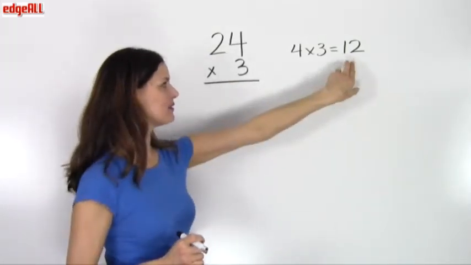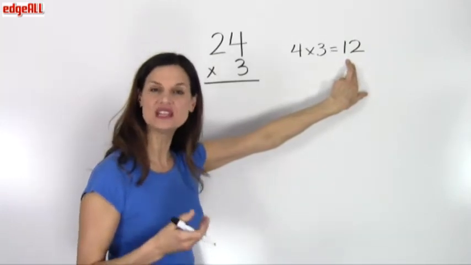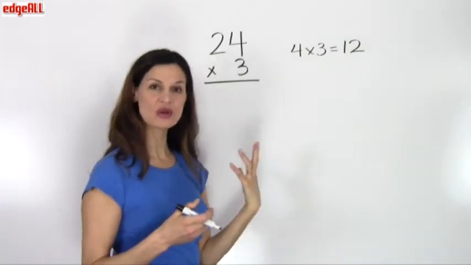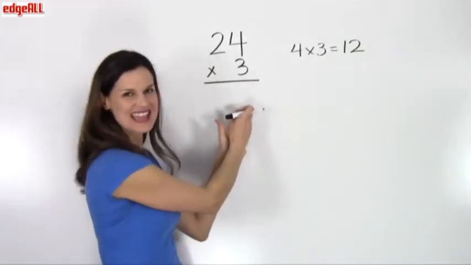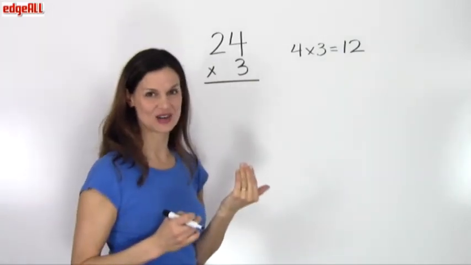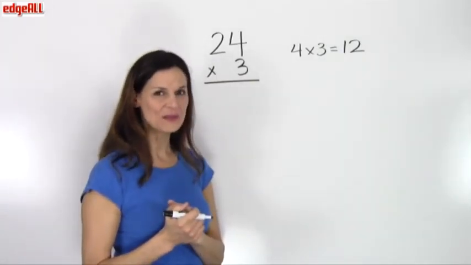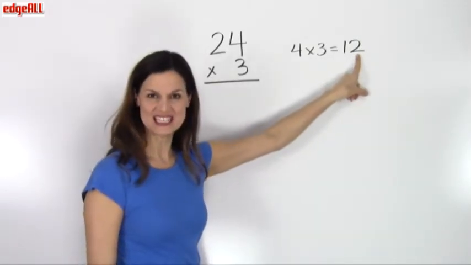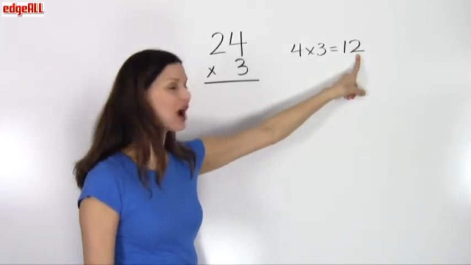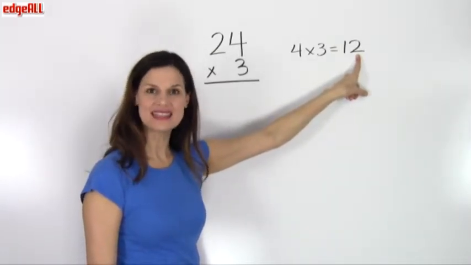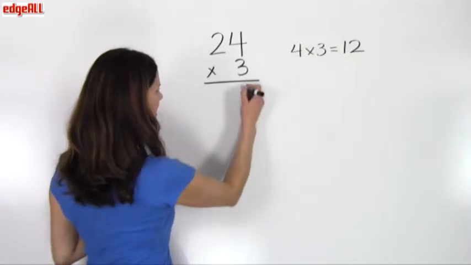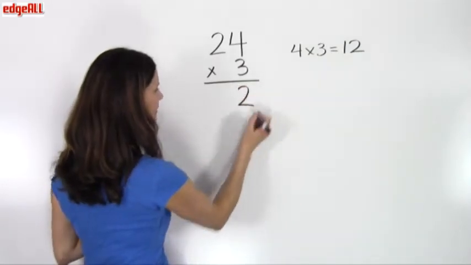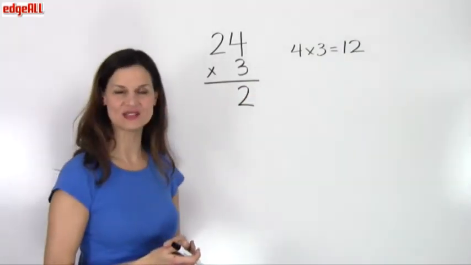But since the answer is a two-digit number, there's not room in my ones place to write the answer. So what I do is I take the 2, the digit that's in the ones place position of my product, and I write that 2 here in the ones place of the product in my final answer.